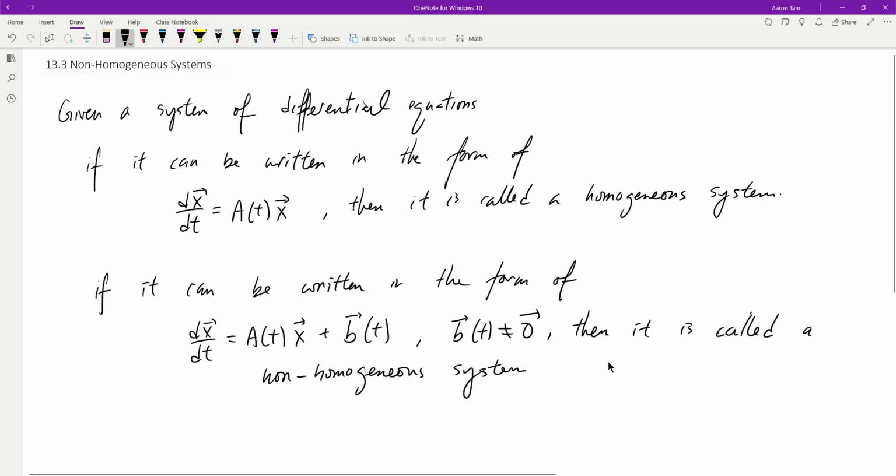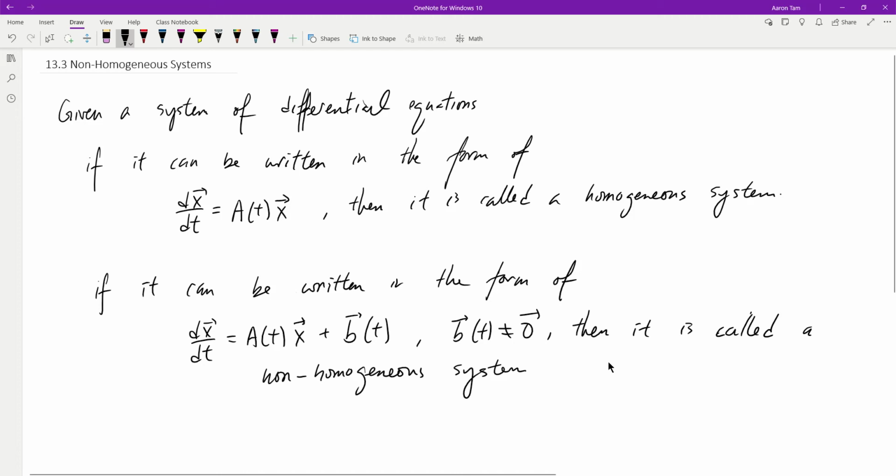So we have learned so far from 13.1 and 13.2 basically how to solve a homogeneous system using eigenvalues and eigenvectors in 13.1. And in 13.2, we used the matrix exponential, especially when we run into the scenario where the matrix A has a repeated eigenvalue, and therefore we cannot use eigenvalues and eigenvectors to solve the system.